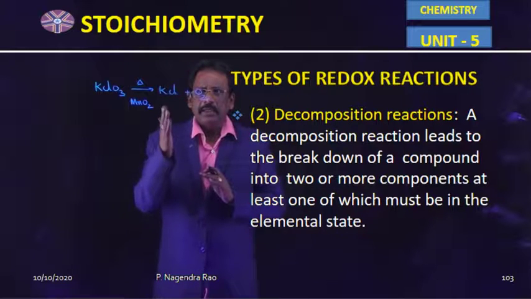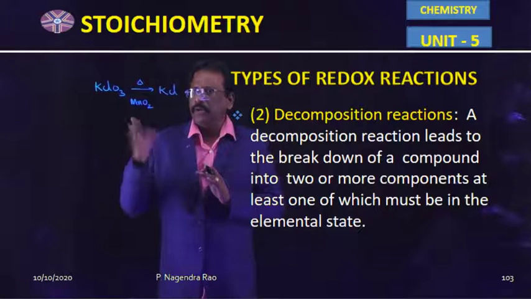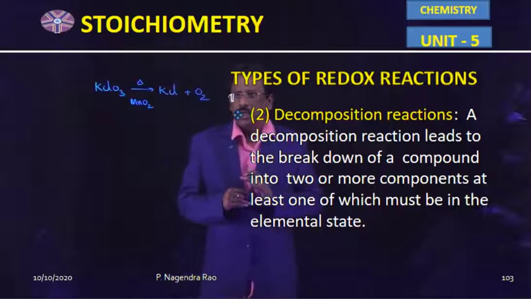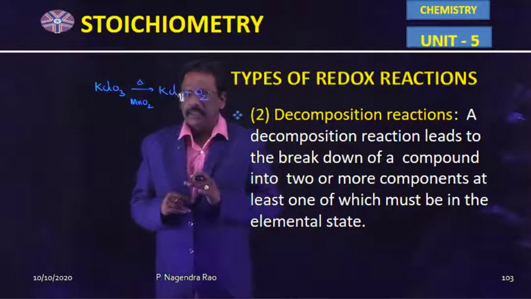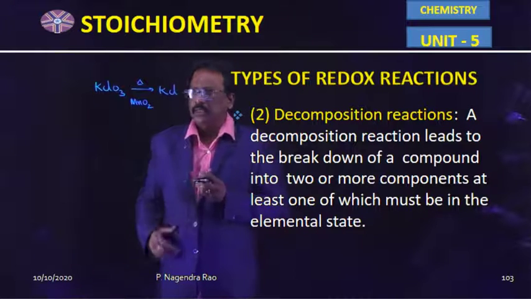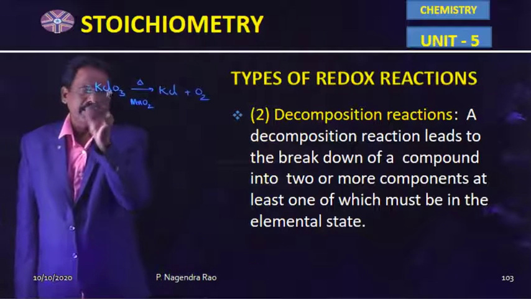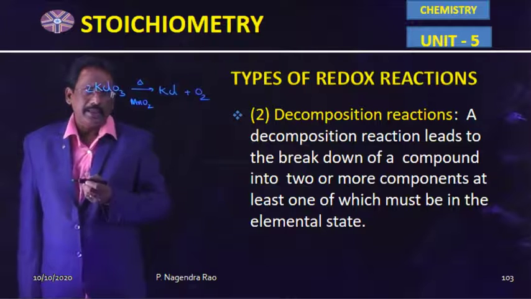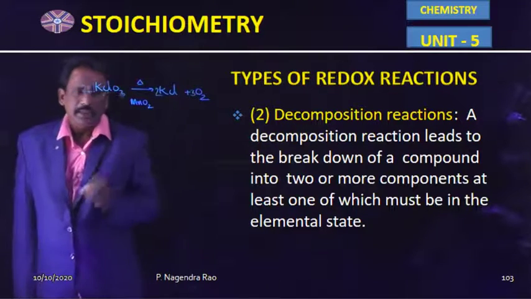When KCl combines with O2, KClO3 is formed. That is one of the examples of a chemical combination reaction. But here the decomposition reaction is just opposite to the chemical combination reaction. Now on heating potassium chlorate, it is decomposed into KCl and O2. Now this is the final balanced reaction.